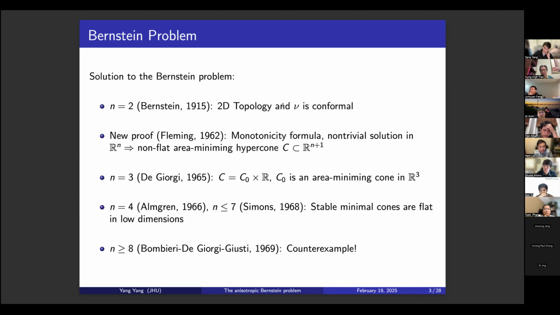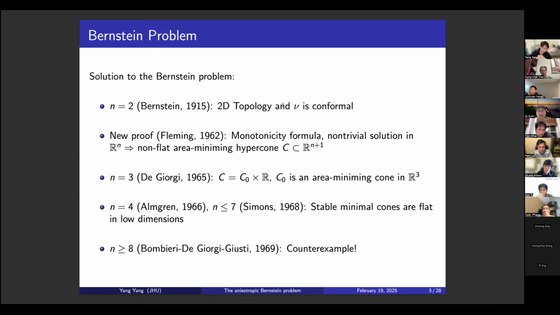His idea is based on something completely different, which is the observation that if you have a minimal surface in any dimension or any codimension, then at either very large or very small scales, it has a cone structure. This is called the monotonicity formula.